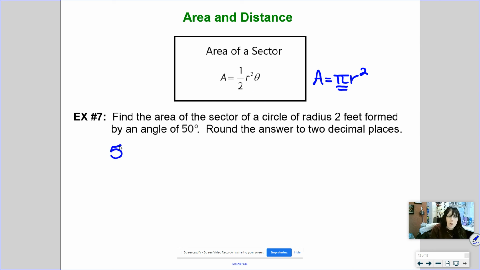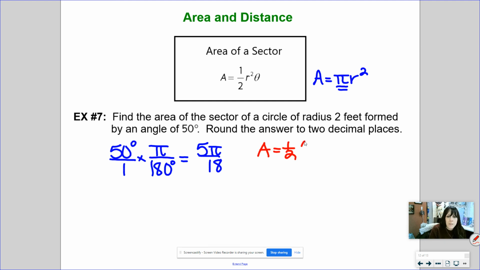So let's start this problem because I already see the degree measurement. So we're going to go ahead and change this angle into radians real quick. And that's going to be 5 pi over 18 once it's simplified. And then you can just plug in and go. So area equals 1/2 times the radius squared times the angle of your sector, which is 5 pi over 18.